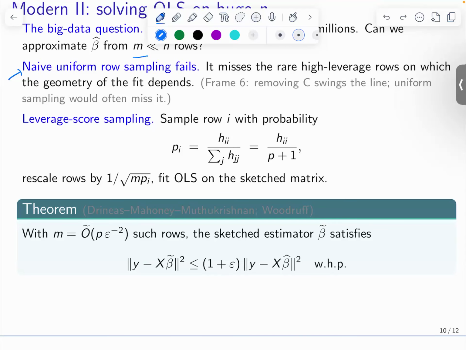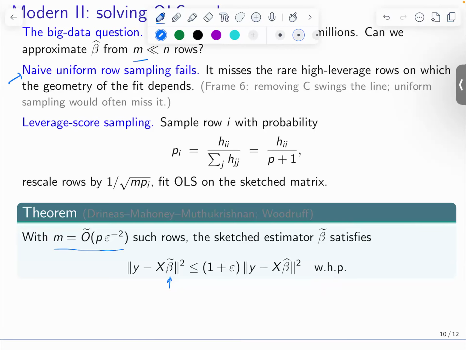Then we can show results such that if M is of the order of P, where P is this dimension here, times epsilon to the minus 2, where epsilon is your accuracy budget, then the beta tilde that you get out of solving this sketched regression will have the same kind of least squares cost, up to a factor of 1 plus epsilon, as the regression you fit on all the data.